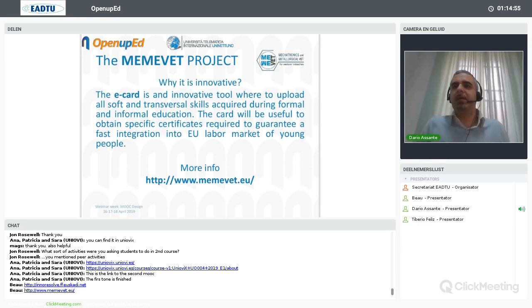Being a digital curriculum, it can be recognized by the participating organizations, but the idea is to propose it to the European Commission as a tool to facilitate the recognition of competencies at European level, and so to facilitate the mobility of workers in the European labor market.